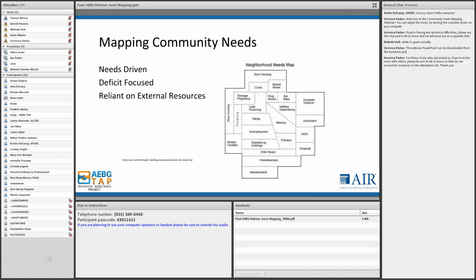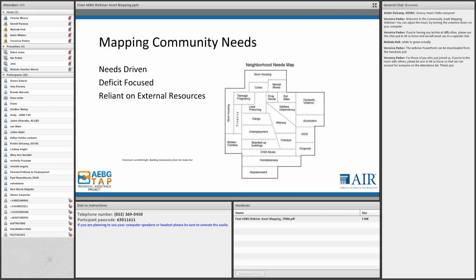So for example, if you look at the map that's identified on the screen, you'll see that the slide is focused on what is needed, and it's often placed in terms of what is wrong with the community. And sometimes we know that with human behavior, when you find a problem, you also look for someone to blame for that problem.